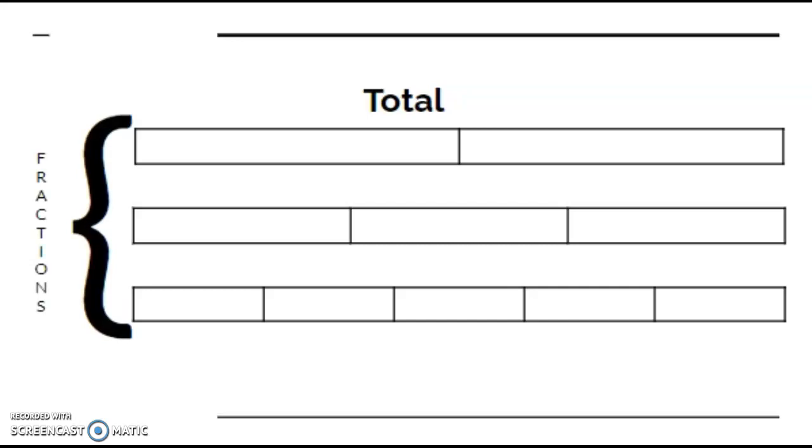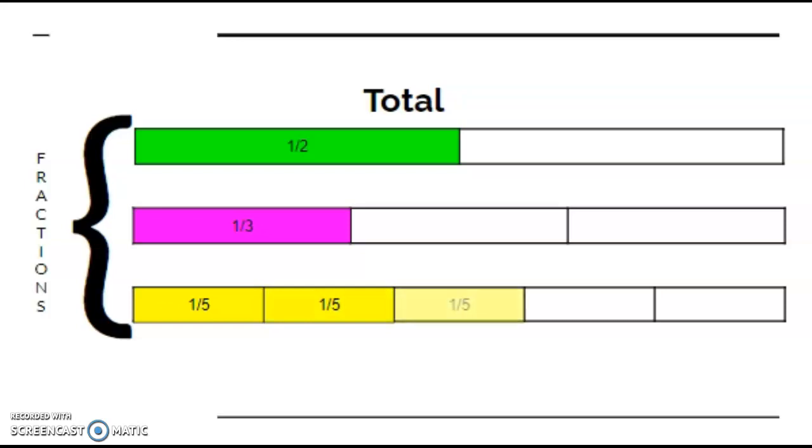So our first one that we had was a half, our next one was a third, and our last one was 1/5. But they'll ask you other things like maybe 2/5 or 3/5 of the same exact total. So you're going to have to find out what one piece is and then find multiples of that same piece.